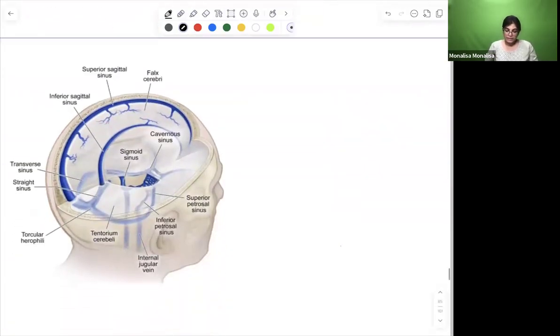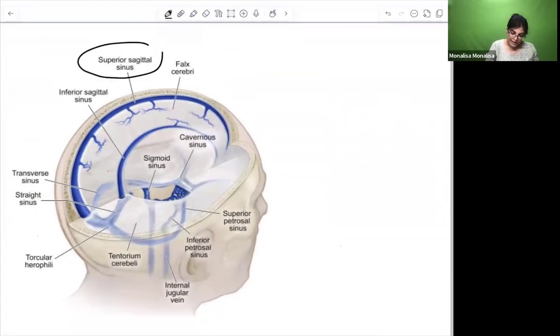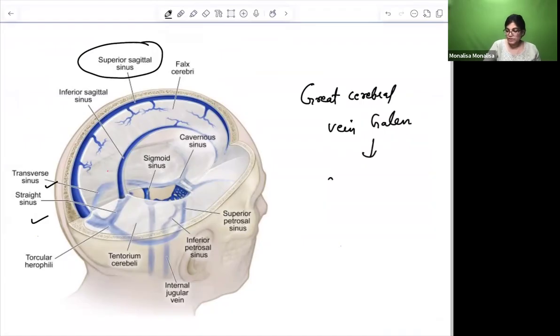Okay. Now, it's important for you to know all the dural venous sinuses: superior sagittal sinus, straight sinus, transverse sinus. One important point is that the great cerebral vein of Galen drains into the straight sinus.